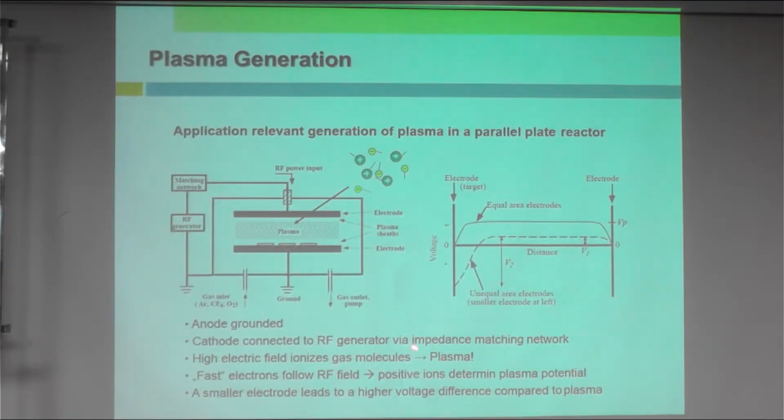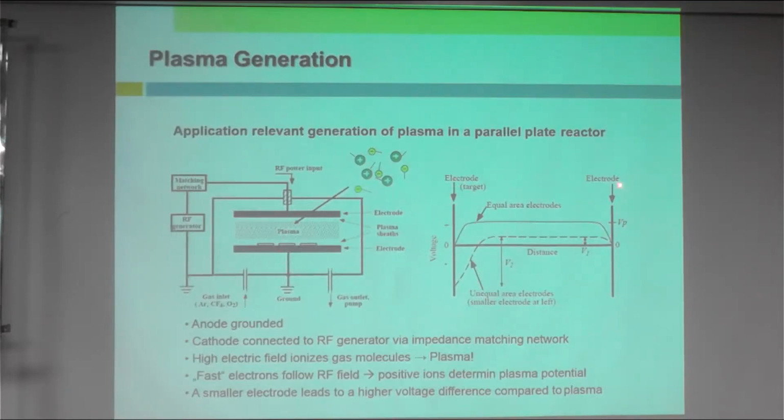You generate plasma by an electric field that ionizes the gas molecules. Fast electrons follow the RF field, and positive ions determine the plasma potential. A smaller electrode leads to a higher voltage difference compared to the plasma. You can see here you have a voltage and the electrode target.